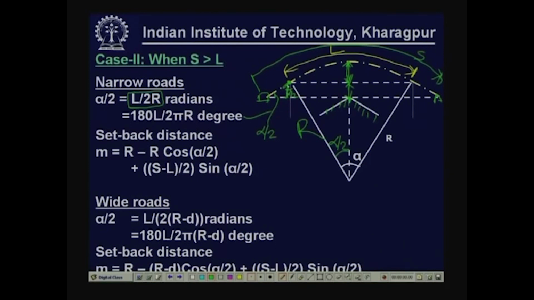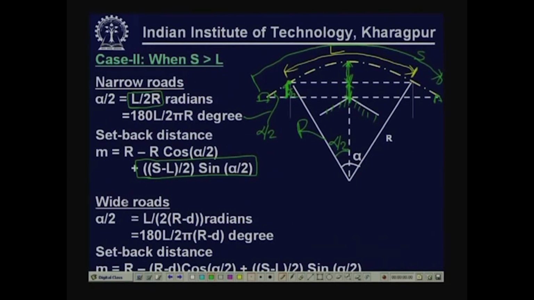Overall it is S from this point to that point, this is L. So, this distance plus this distance is S minus L. So, this distance is actually half of this, S minus L by 2. So, S minus L by 2 sin alpha by 2 gives us this distance, which is equivalent to this distance, same distance. So, that is why we are adding this portion now, S minus L by 2 sin alpha by 2, that is what is added.